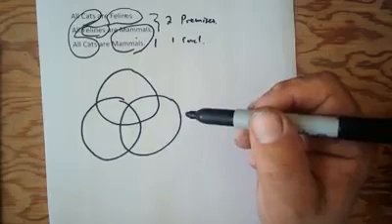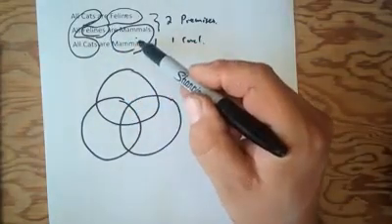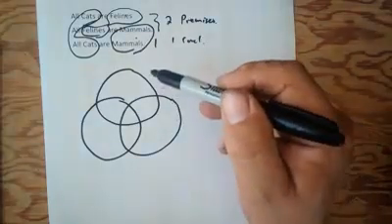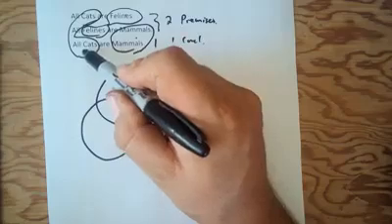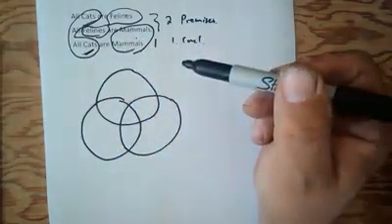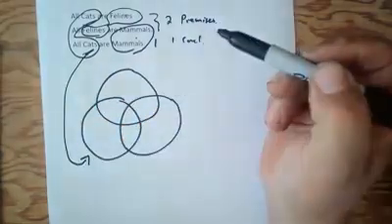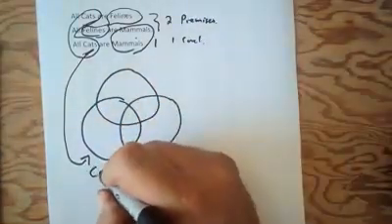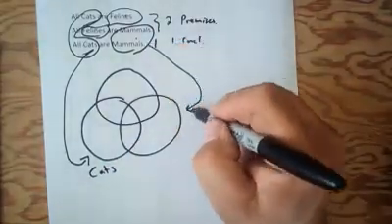And now we're going to relate these terms in this argument to this diagram. So we're going to take cats, the minor term, which occurs as the subject of the conclusion, and we're going to relate it to this circle here. So we're going to call that cats. We're going to take mammals and relate it to this circle here.